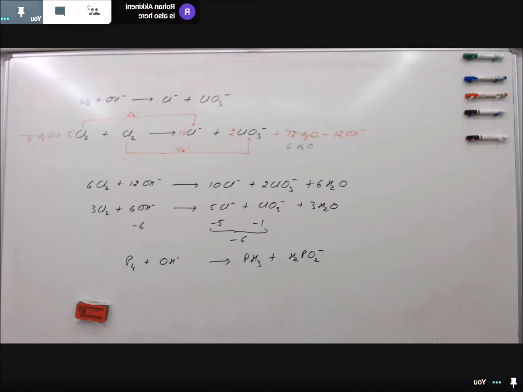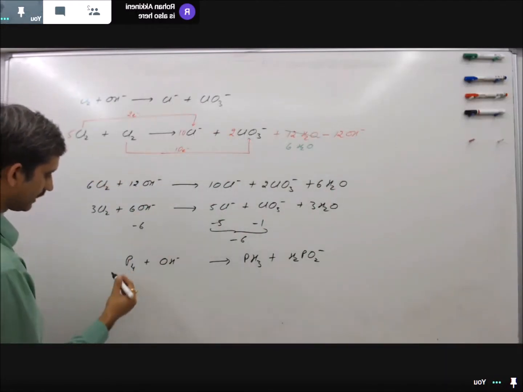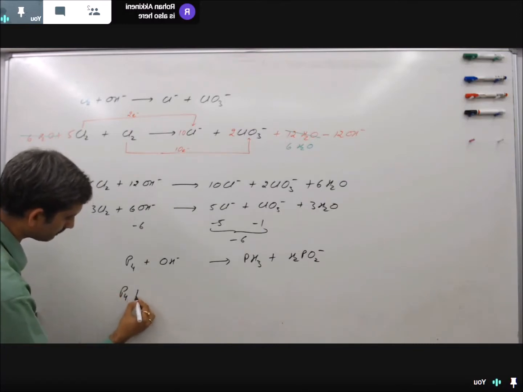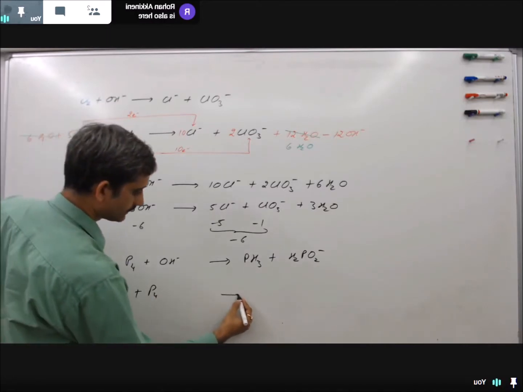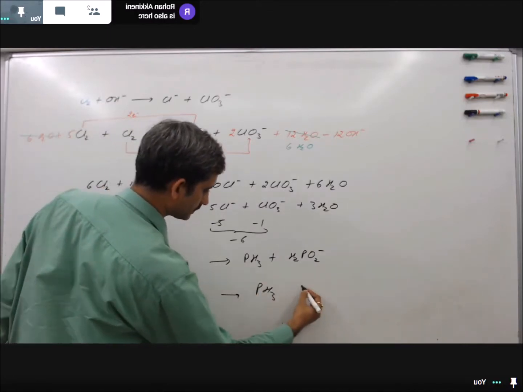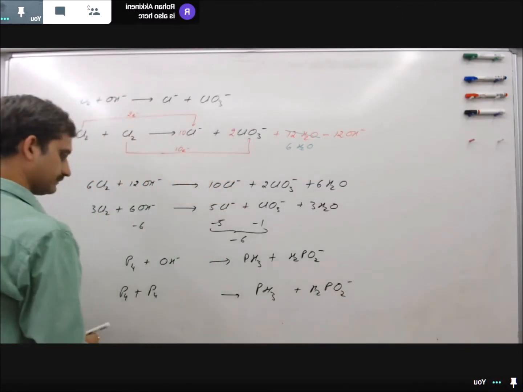Sir, I'm getting 19H2O. Rohan, first of all, what you need to do is put it as P4 plus P4. Did you do that? Yes, sir. That gives us PH3 plus H2PO2 minus.